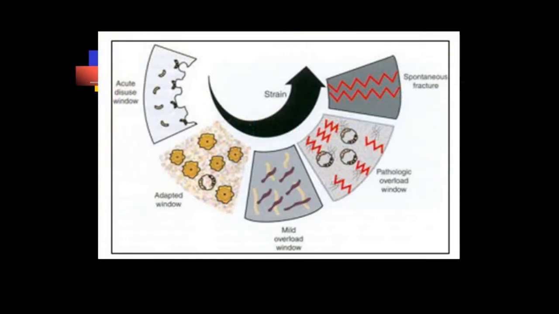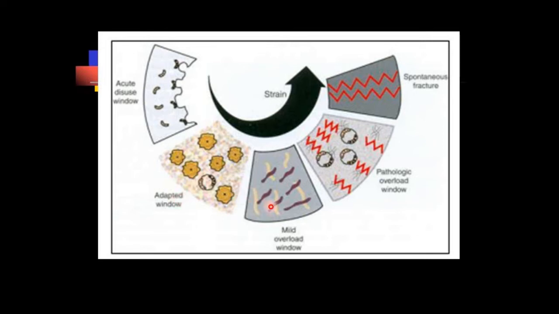Again, Frost has reported 4 distinct microstrain patterns within the bone. So the first one is the acute disuse window, which results in atrophy. The second one is the adapted window, where physiologic response of organized bone happens. So at this level of strain, the bone remodels and remains as an organized mineralized lamellar bone. So this is called the ideal load bearing zone for implant interface. So that is the adapted window.